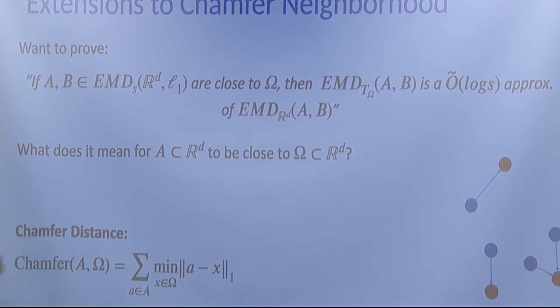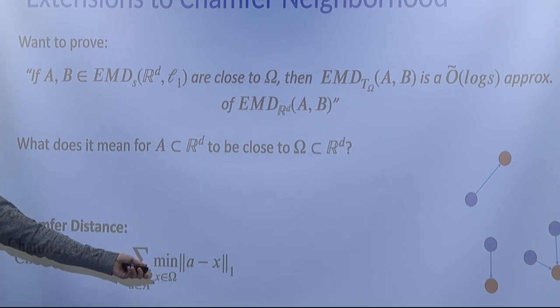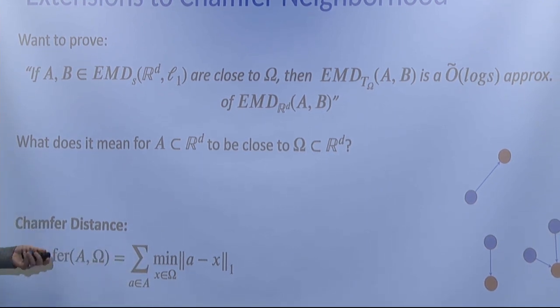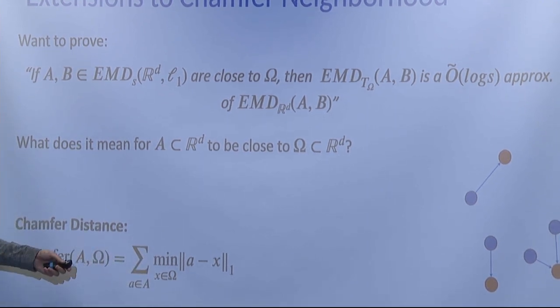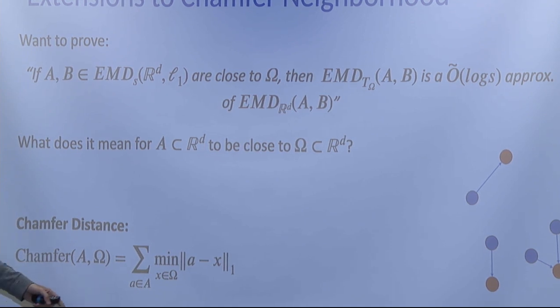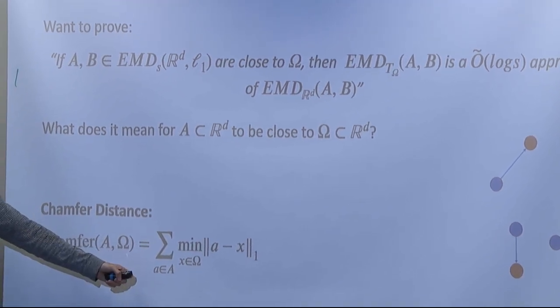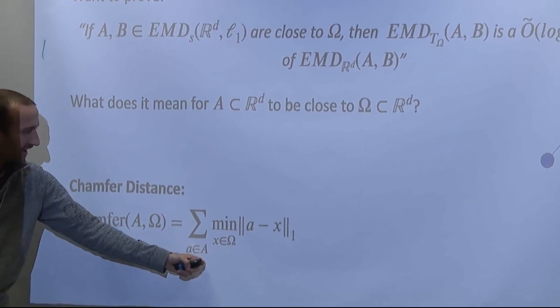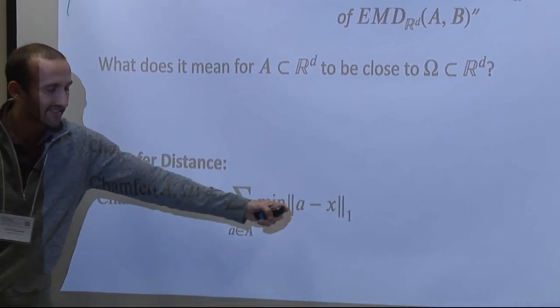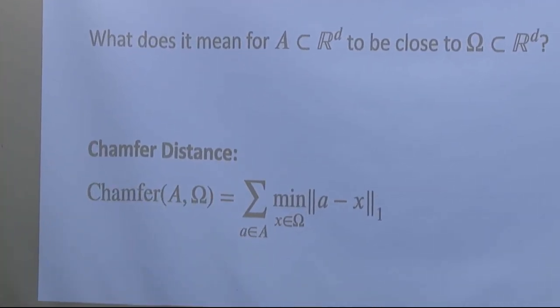The chamfer distance is just the sum of nearest neighbors. Okay, so the chamfer distance from A to omega, this is an asymmetric definition, is the sum of the nearest neighbors for each a in A to the closest x in omega. Okay.